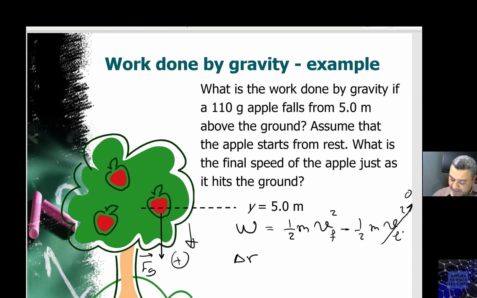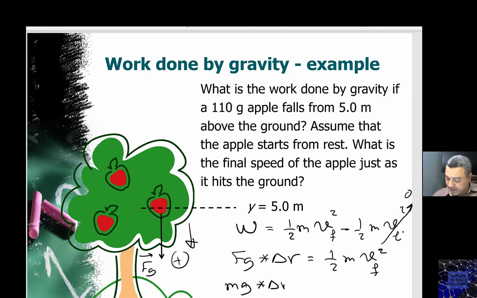So Fg delta R equals half m Vf squared, and Fg is mg, so mg delta R equals half m Vf squared, and the mass cancels. And Vf will be equal to, how much is V? 9.9 meters per second.